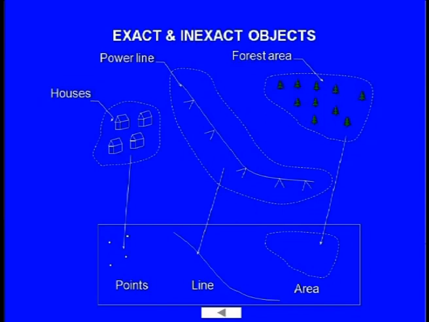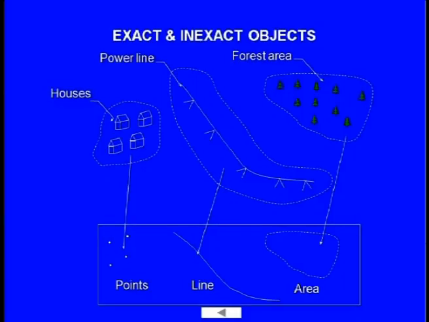Here this particular slide shows a graphical representation of the exact and inexact objects. We can see there are three types of information in the object space. There is a group of houses, a power line, and beyond the power line there is a forested area. Now, this information can be converted into point information, line information, or area information depending on the type of information which is present. For example, one may like to have exact locations of the houses.